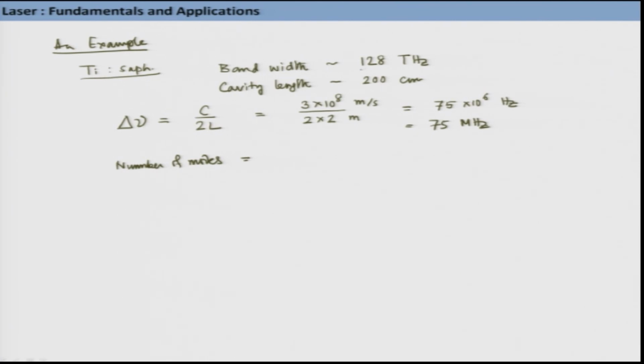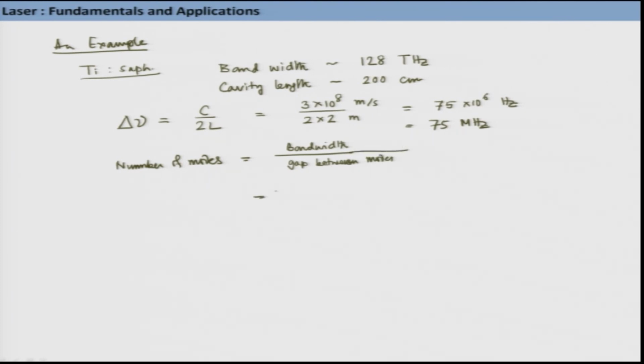I have this bandwidth. So, within this bandwidth, how many such gaps are possible? That will give me the number of modes. Essentially, it is given by the bandwidth divided by the gap between modes.